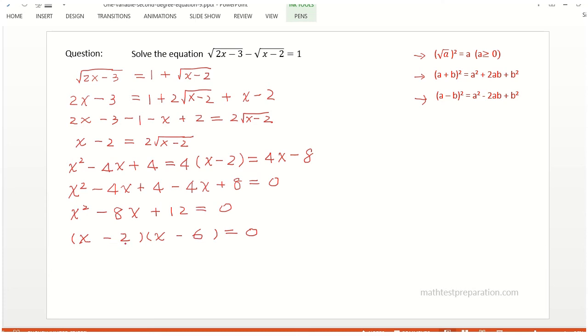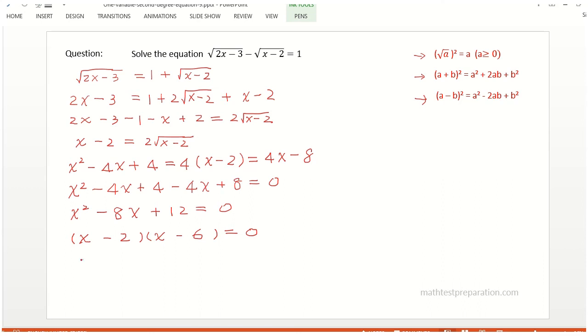And negative 2x plus negative 6x equals to negative 8x. x times x is x squared. So we get the left side factored to x subtract 2 times x subtract 6 equals to 0.